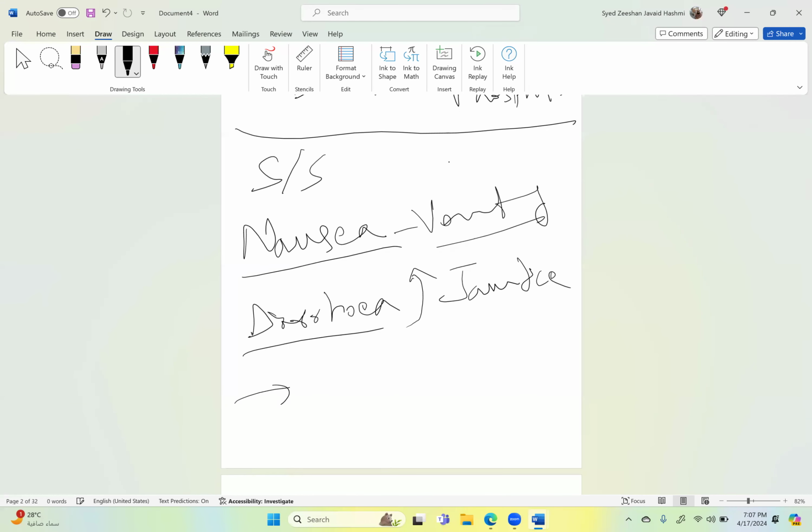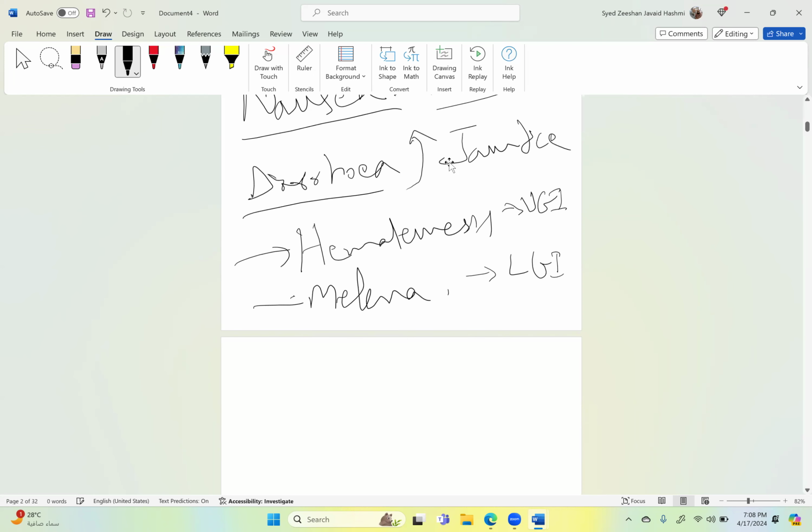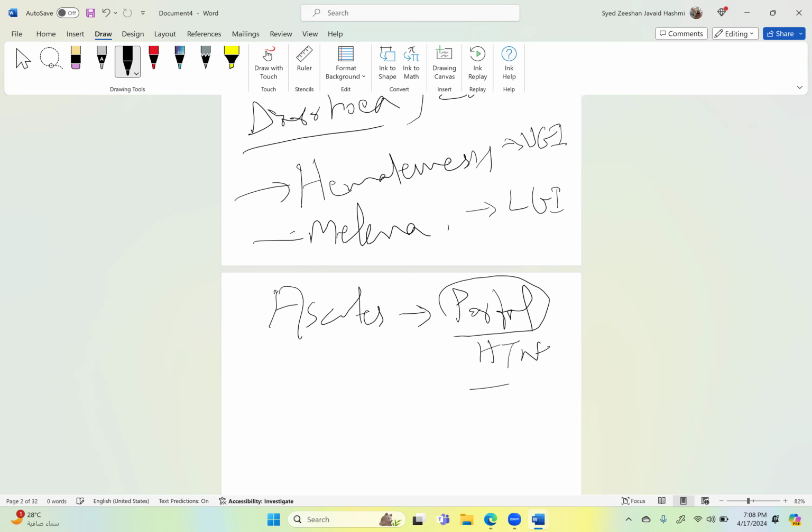Then if the synthetic function is disturbed and there are coagulopathies, bleeding can occur in the form of either hematemesis or melena, either in the upper GI or lower GI. Okay. Then in liver failure, what else usually happens is, for example, ascites. Okay, ascites occurs because of portal hypertension.